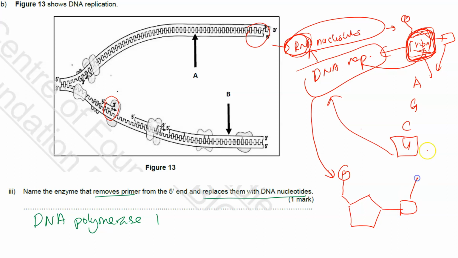For DNA, the base will be adenine, guanine, cytosine, and thymine. So just now I said ribose is in RNA, but the 5-carbon sugar in DNA is not ribose. It is what?